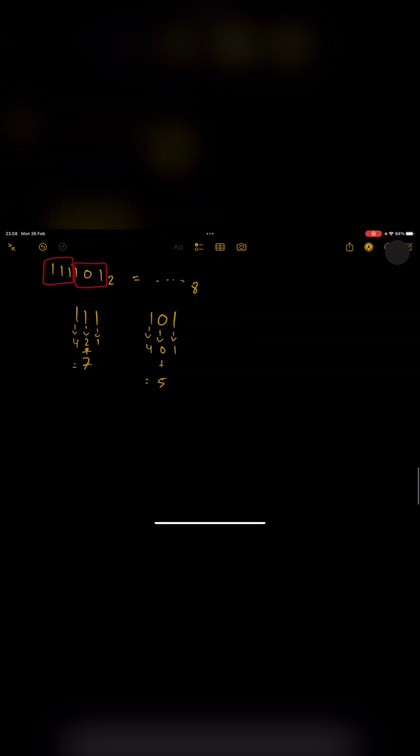And here we have 1 times 2 to the power of 0, which is 1, 0 times 2 to the power of 1, which is 0, and 1 times 2 to the power of 2, which is 4. We add it, and then we have 5, and then we put it together. We will have 7 and 5 with the basis of 8. This will be the final result.